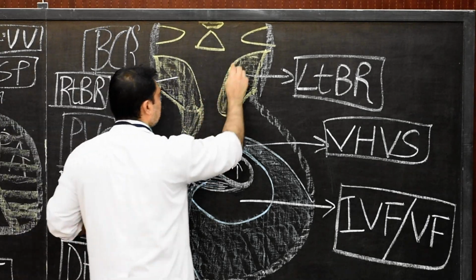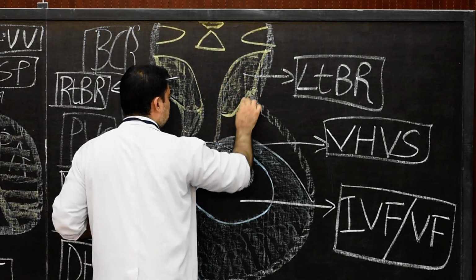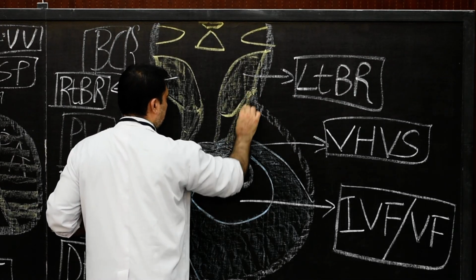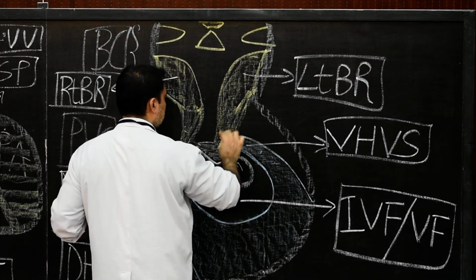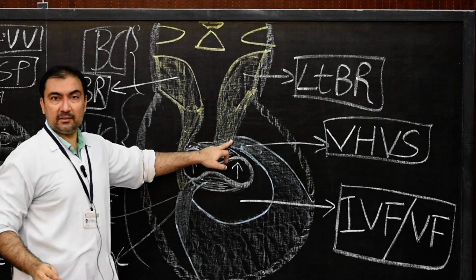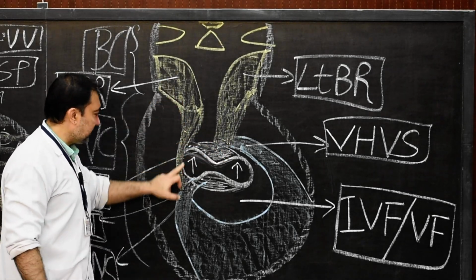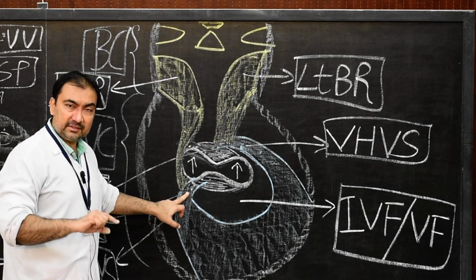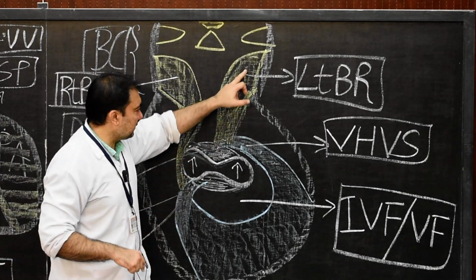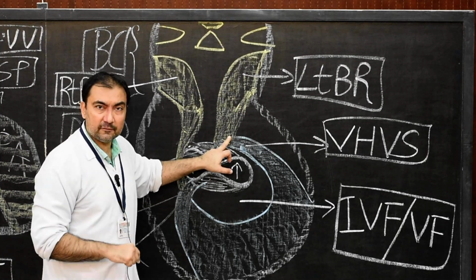And here we show that the left bulbar ridge will fuse with the ventral horn of the ventricular septum. Right bulbar ridge with the dorsal horn, left bulbar ridge with the ventral horn.